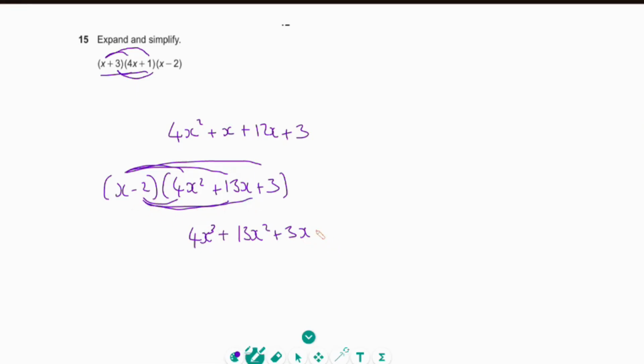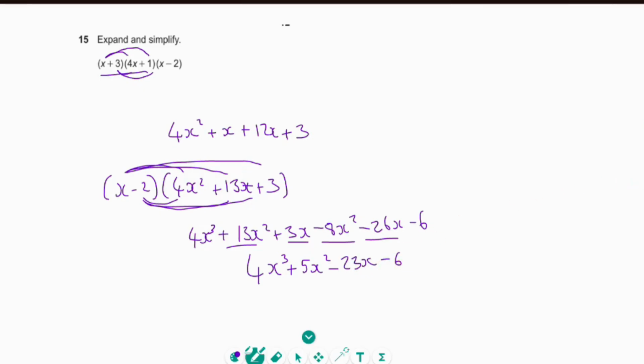So I've got negative 8x squared, negative 2 times 13, negative 26x, negative 2 times positive 3, negative 6. So we've got 4x cubed. Let's simplify the x squared. 13x squared minus 8x squared is 5x squared. Then we've got 3x minus 26x is negative 23x, minus 6.